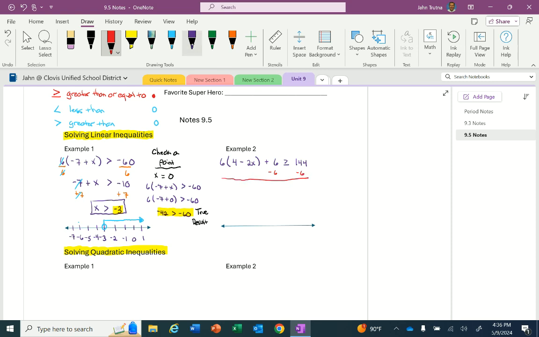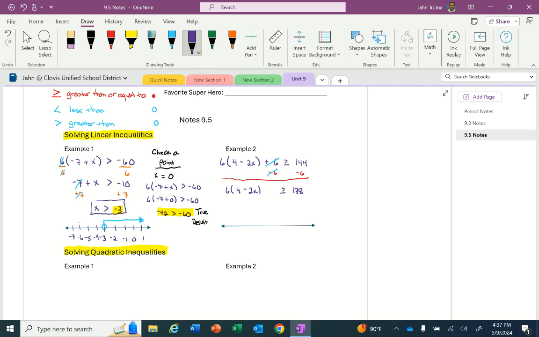That would make my equation 6 times the quantity 4 minus 2x. The 6's would cancel each other out, right there and right there. And then it would be greater than or equal to 138.